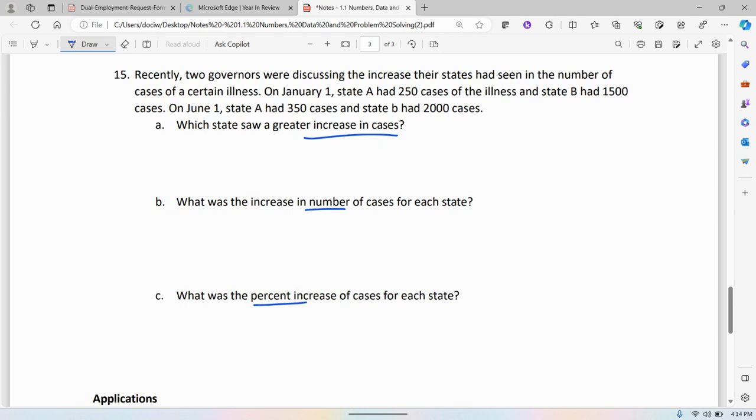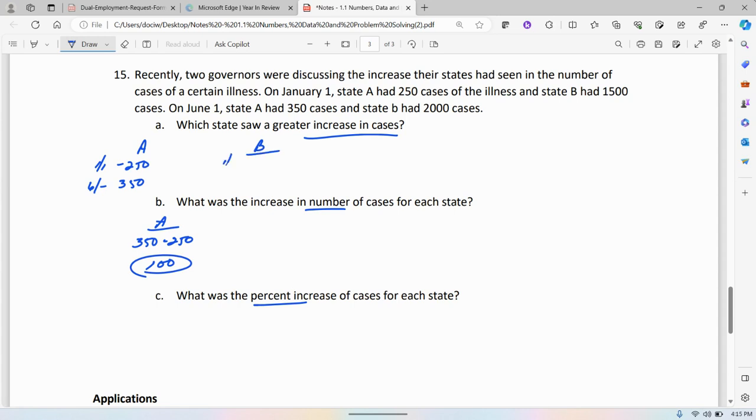So let's look at State A. On January 1st, it had 250 cases, and on June 1st, had 350 cases. So for State A, 350 minus 250, State A had an increase of 100 cases.